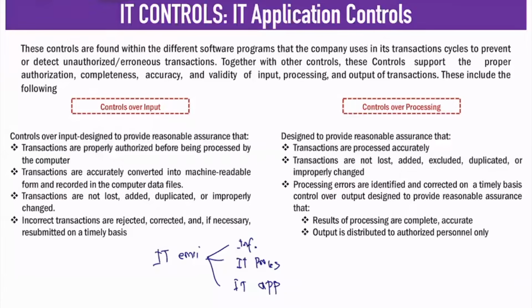The control for the IT environment is known as your entity level IT controls. The control over your IT processes is your general IT controls. How about for IT applications? We call that IT application control.